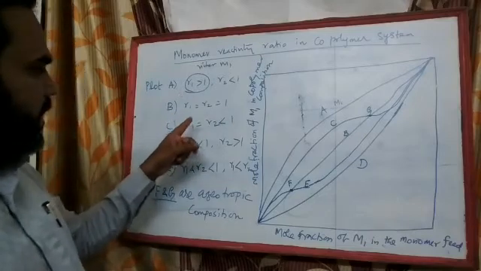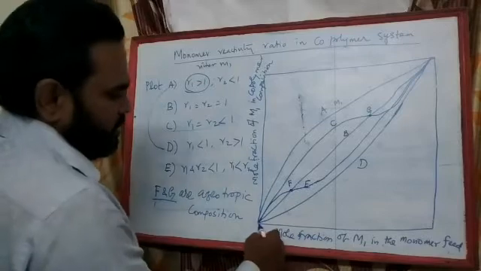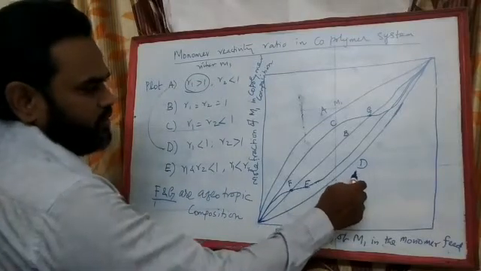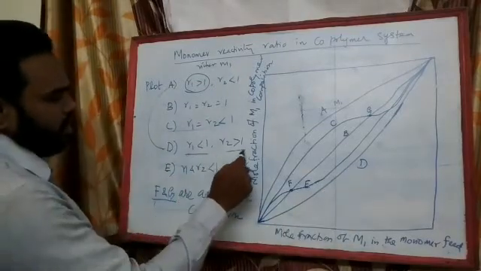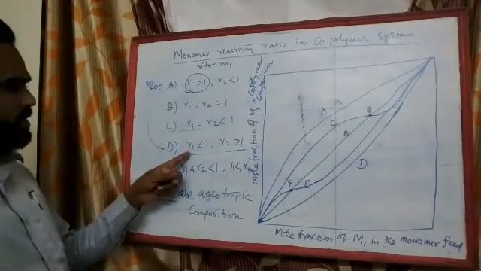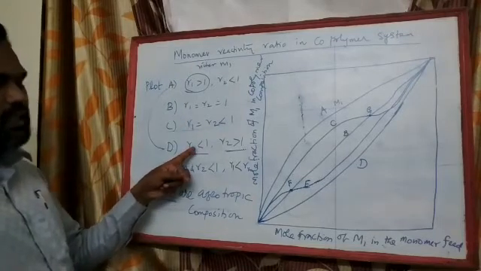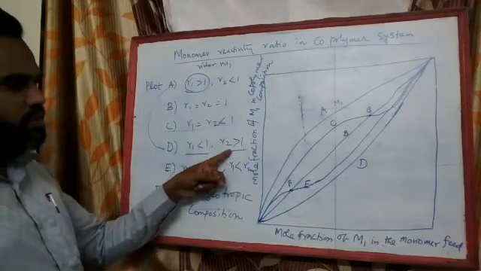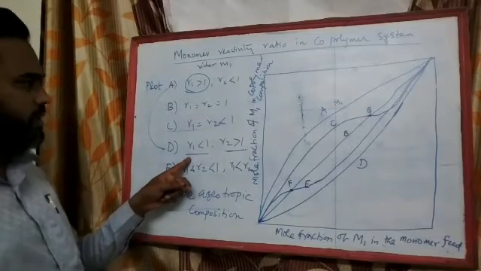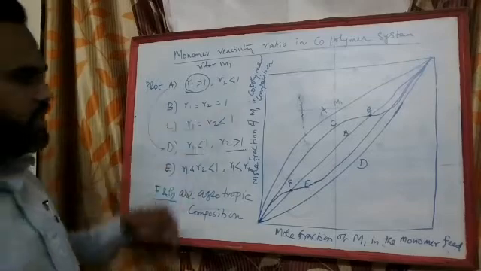Then you can see the opposite one, D, on the other side, where R1 is less than 1 and R2 is greater than 1. Just opposite to the first one, A, the copolymer is richer in the second monomer than the first monomer.